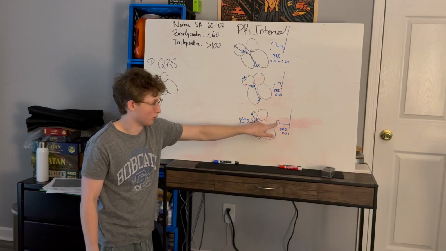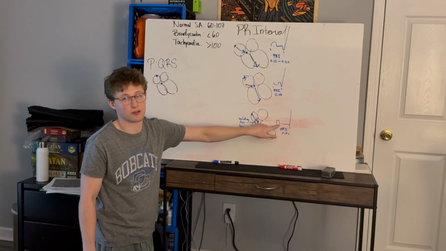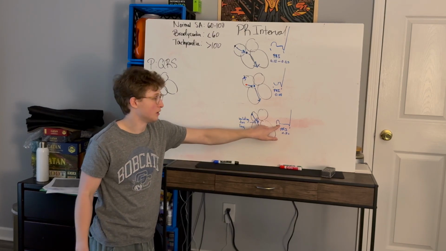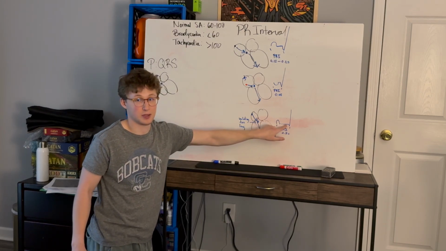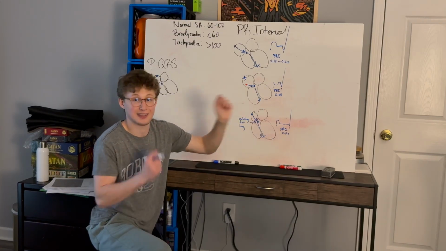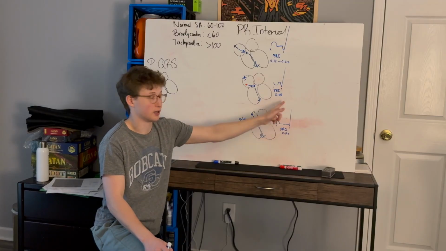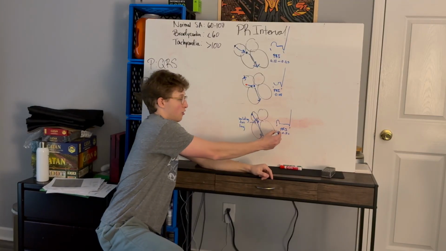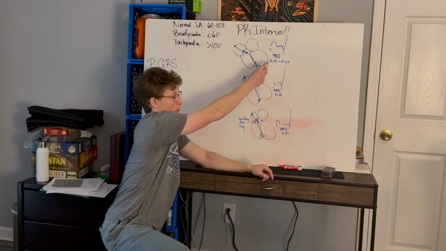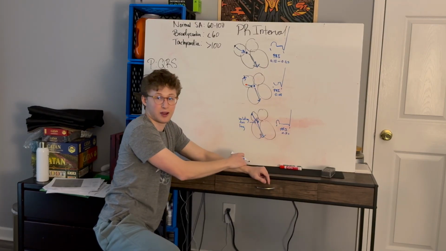We see this normal P wave, but then the AV node is the one that's got an issue, and so it's holding on for too long for whatever reason. And we see this lengthening of the PQ segment before it finally lets go, and we get ventricular depolarization. And so our PR interval is now longer than what it should be.